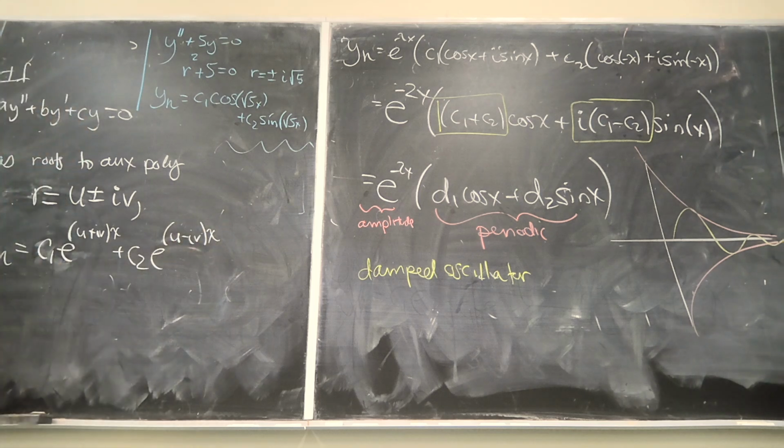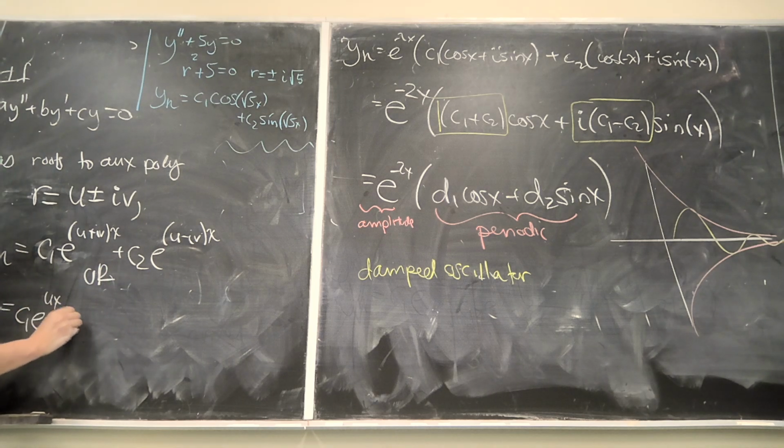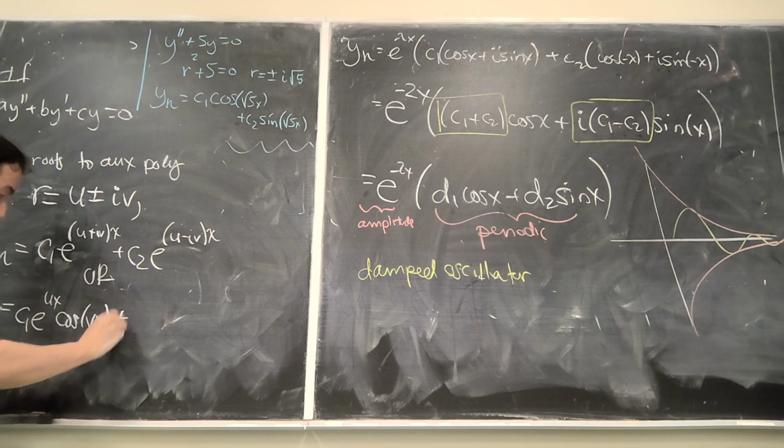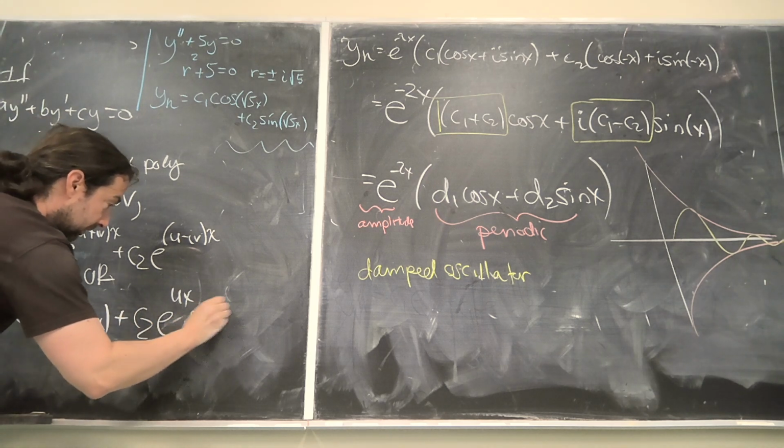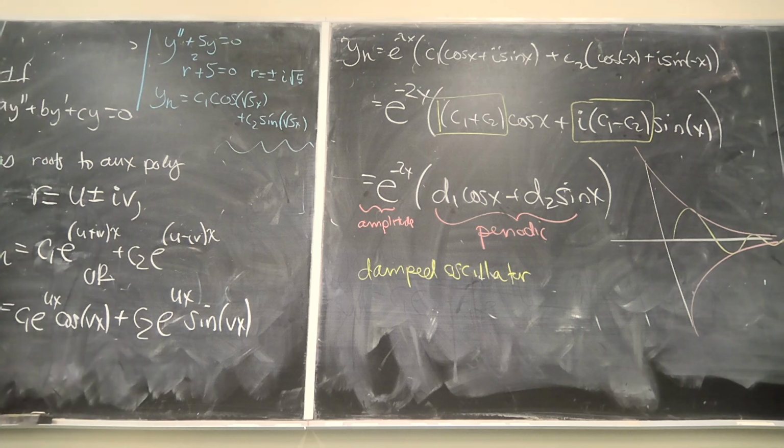For us, almost always what we're going to be doing is writing c1 e to the ux cosine of vx plus c2 e to the ux sine of vx. They come in matched pairs, so they produce matched pairs of solutions. And again, I just keep hammering away: complex roots correspond to vibrations.